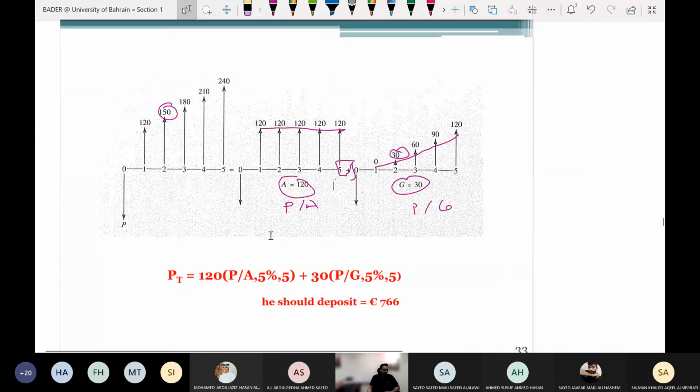So as you can see, most of the students, or all of them actually, had the following: 120, find P given A, 5%. Check. Second component, 30, find P given G, 5%, 5.